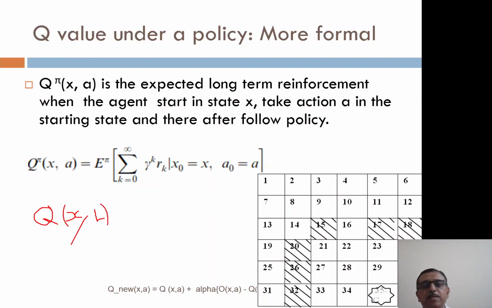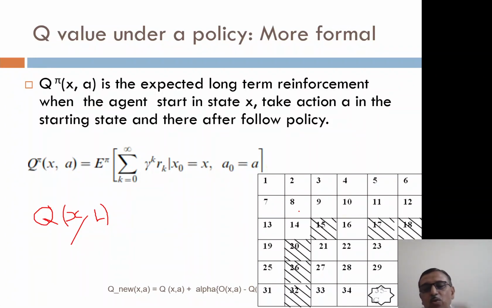Q(x, left) means, suppose x is say 8. What does Q(x, left) mean? At 8 you take a left action. After that you follow the policy pi, that is always move right. So the total cost incurred in this case will be infinity.